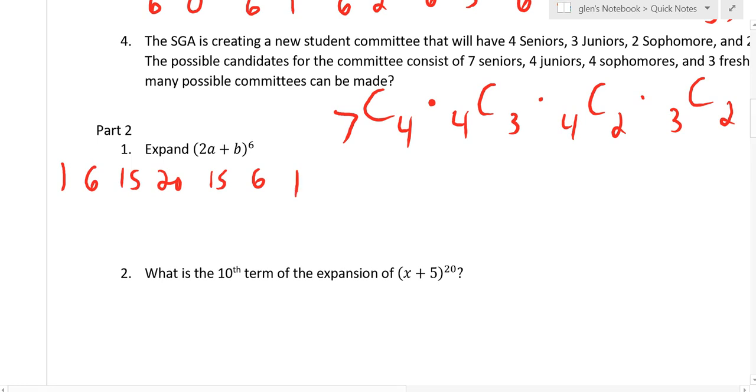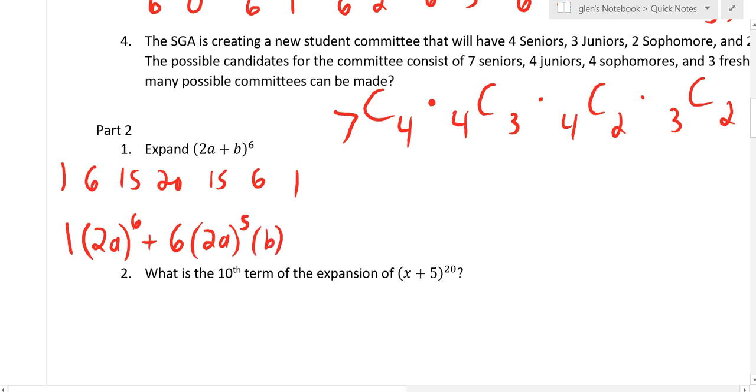You can add all the way down to that, or you can do 6 choose 0, 6 choose 1, 6 choose 2. Okay? But those are going to be the coefficients of this expansion. So, it's going to be 1 times that first thing to the 6th power, plus 6 times the first thing to the 5th power, times the second thing to the 1st power. Okay?